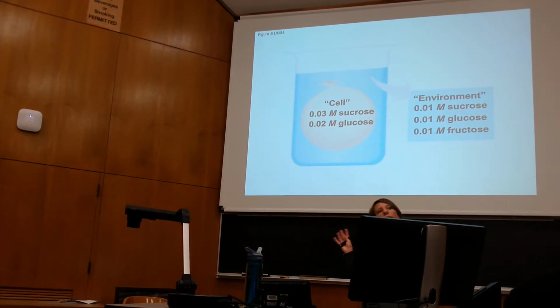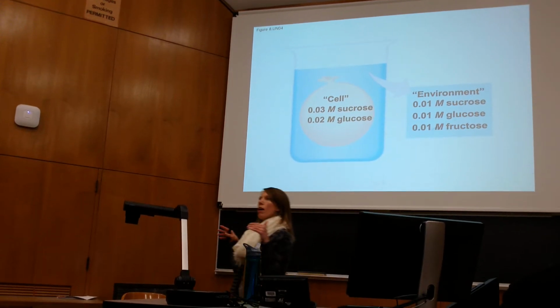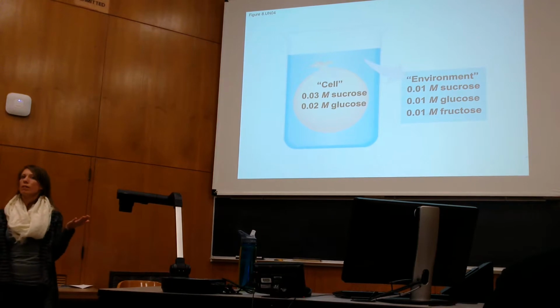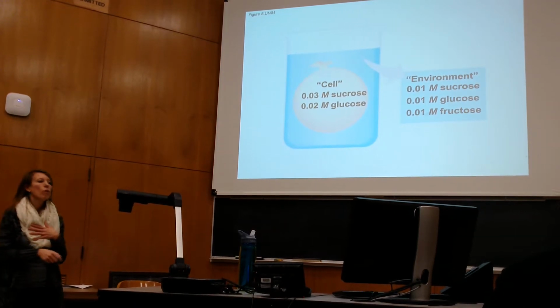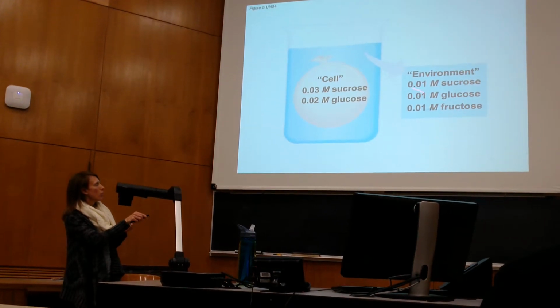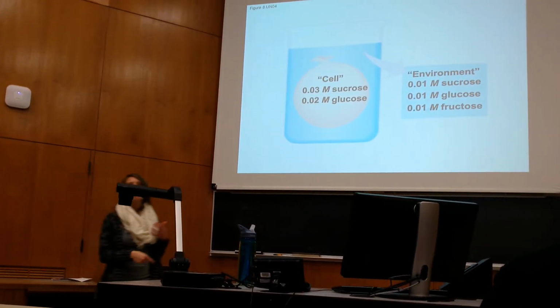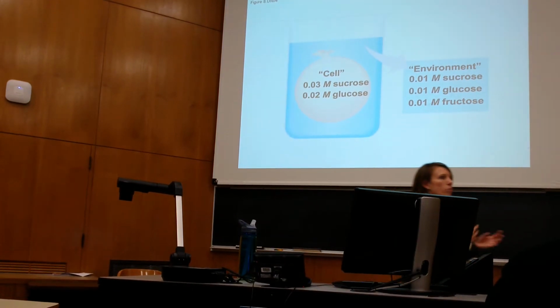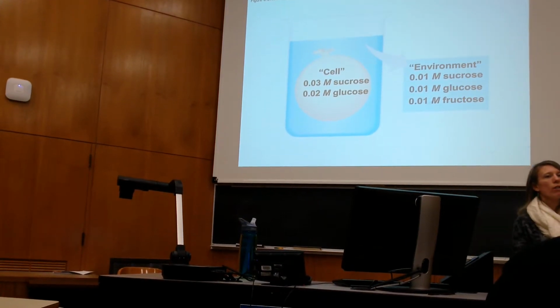Okay, first of all, is it a higher concentration of solutes or lower concentration of solutes relative to the cell? Lower, right? So we add this up, it's 0.03 molar of solutes, and this is what, 0.05 molar of solutes. So if nothing can move across this membrane, which way would water move, in or out?